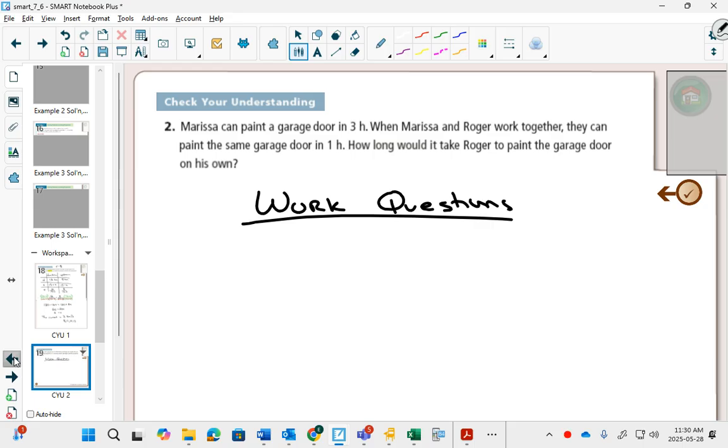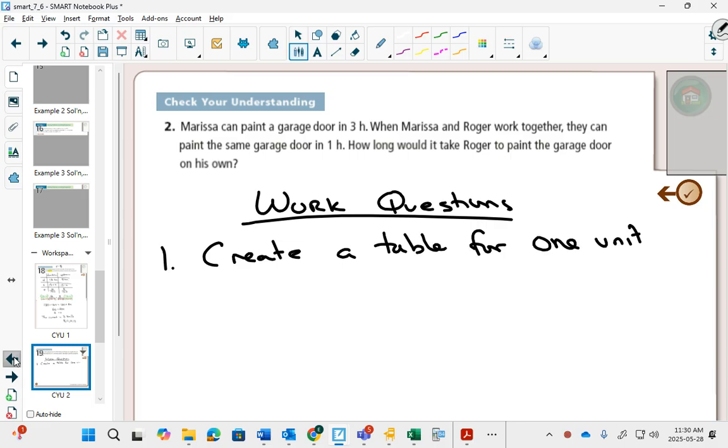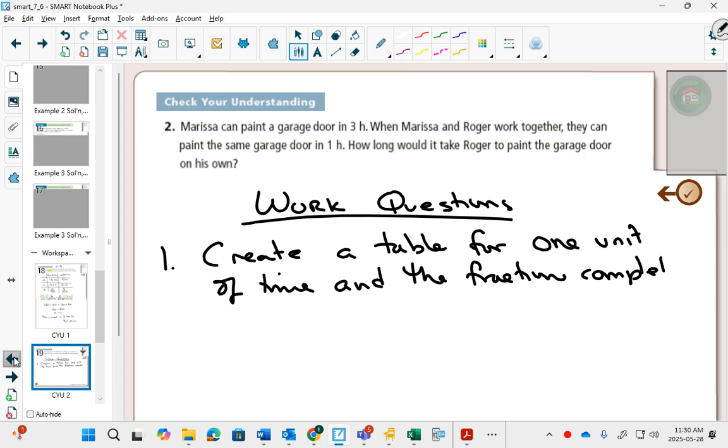So what we're going to do in these work questions is create a table for 1 unit of time and the fraction completed by each person and together.